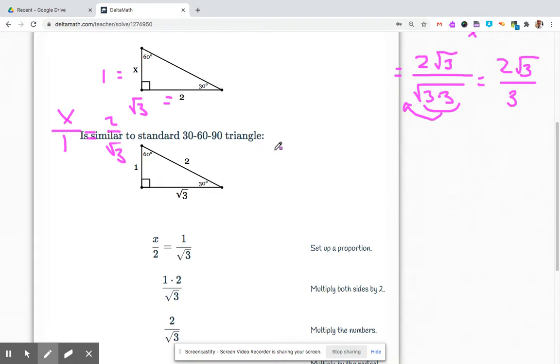Let's try it again. X is to 2. All right, so they like to do it on the same triangle. X is to 2 on this one.